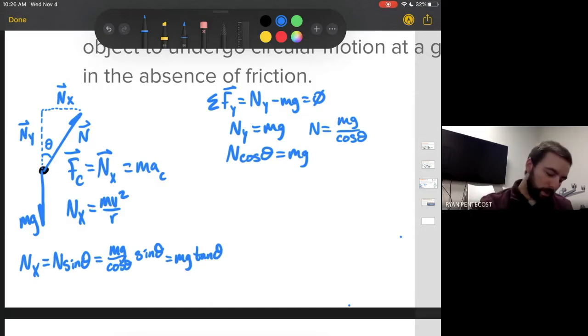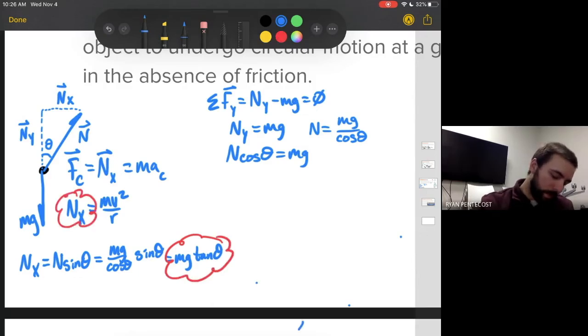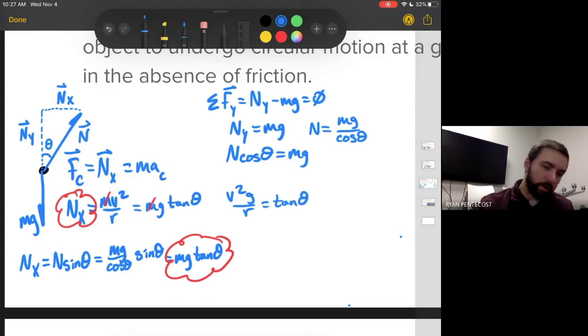So if we take this and put it here, we can say that mv squared over r equals mg tangent theta. The m's will cancel pretty quickly. Then if we solve for theta, we have v squared over g r equals tangent theta.